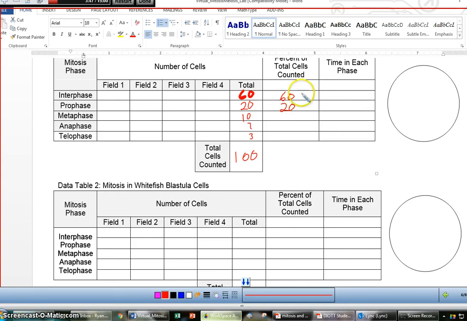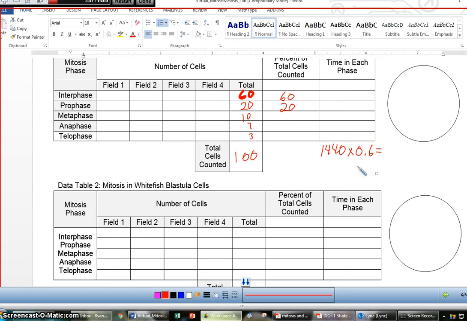And if I said that this one was 60, and I know that the total time was 1,440 minutes, then I'm going to say, well, I'd like to take that times 60%, or by 0.6.